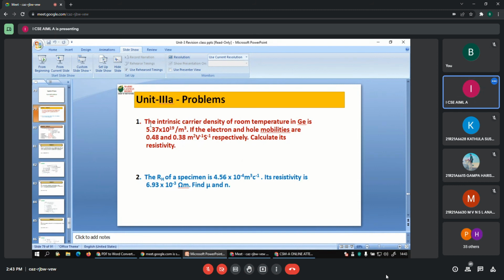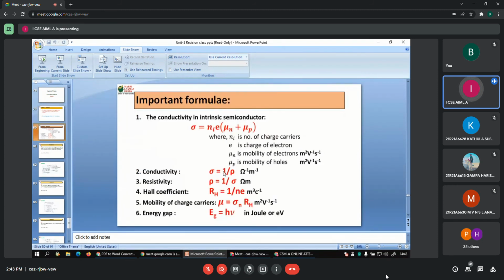For the intrinsic carrier density, how did you solve it, by using these formulas? Have you noted down these formulas? In the last tutorial session we discussed what important problems can be expected in the mid examination.